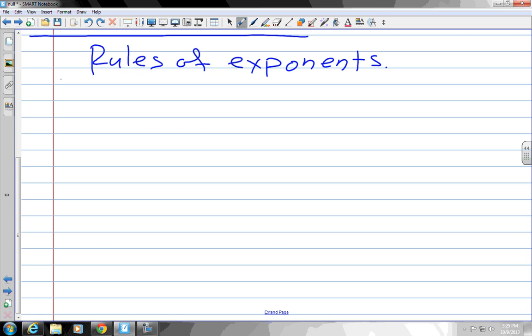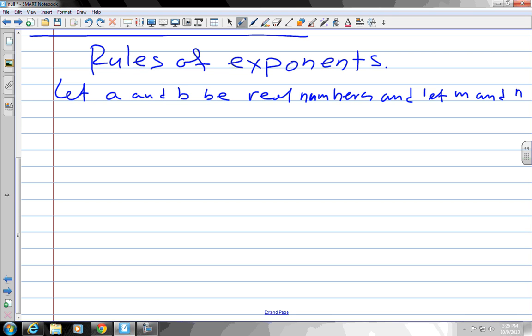So let A and B be real numbers, and let M and N be natural numbers.